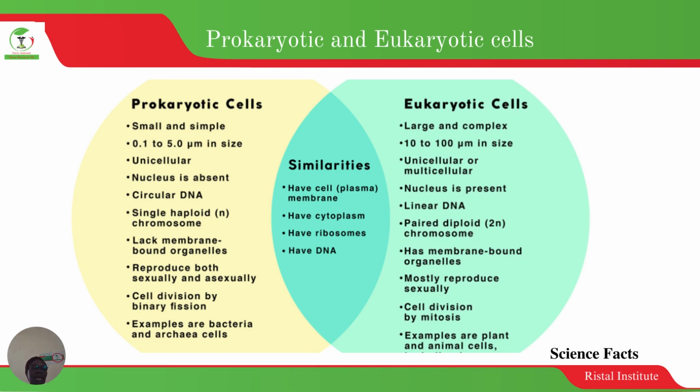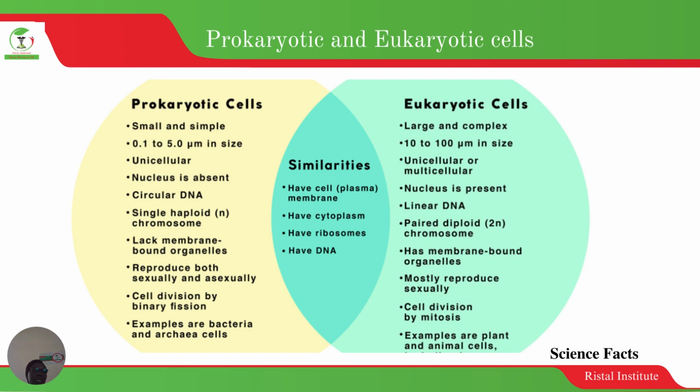Then the prokaryotic cells lack membrane-bound organelles. It means that the organelles found within the prokaryotic cells do not have a membrane, whereas in the eukaryotic cells, the organelles are bound by a membrane. Then, when we come to reproduction, the prokaryotic cells reproduce sexually and also asexually, while the eukaryotic cells mostly reproduce sexually.